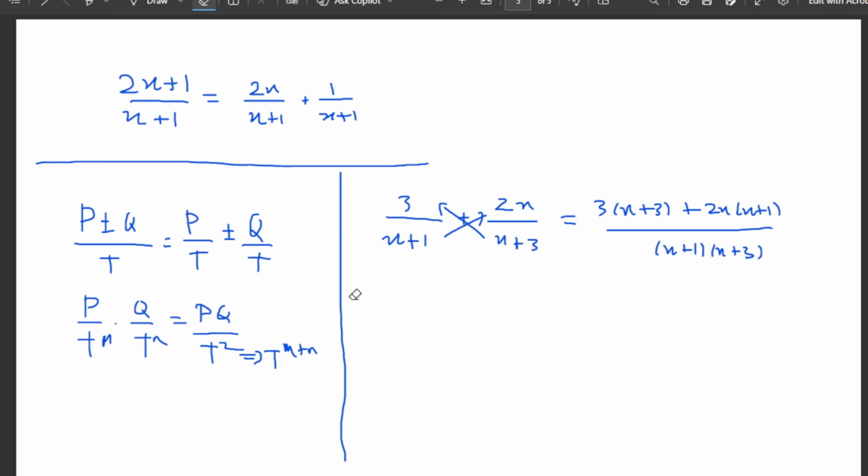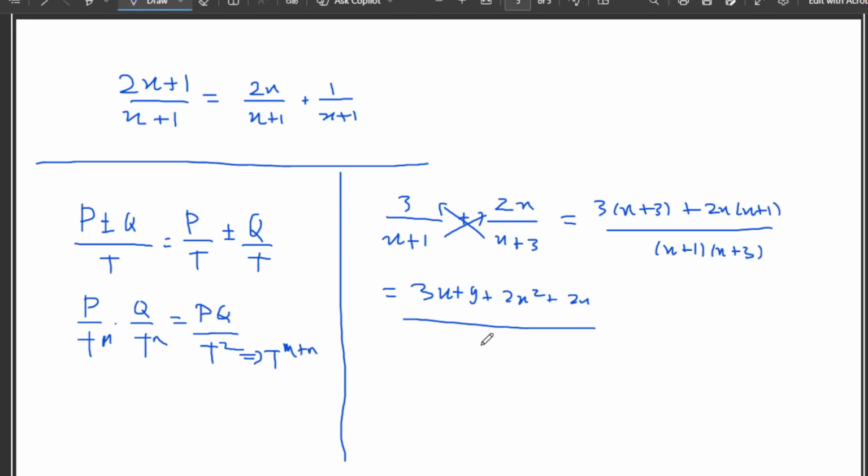So what we get is 3 times x plus 3, let's just distribute it, 3x plus 9 plus 2x squared plus 2x, then over x plus 1 times x plus 3. Can we simplify this? I don't believe so. Can we cancel the numerator and denominator?